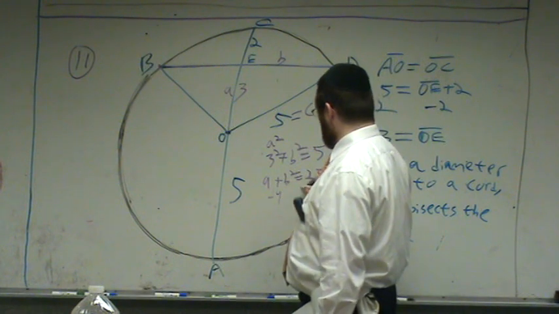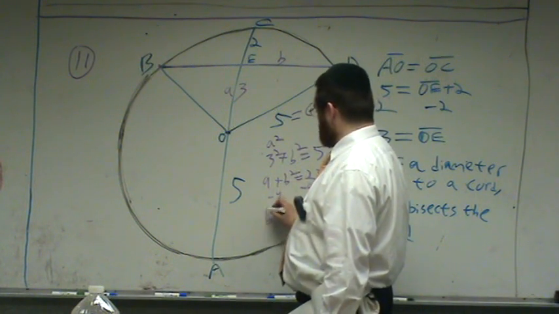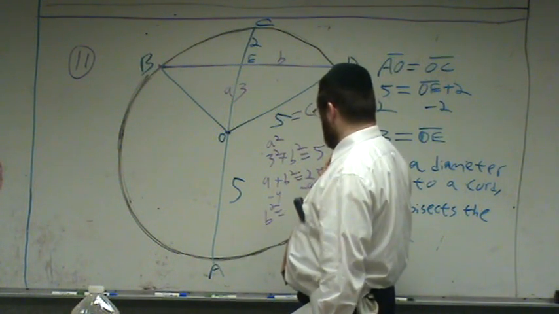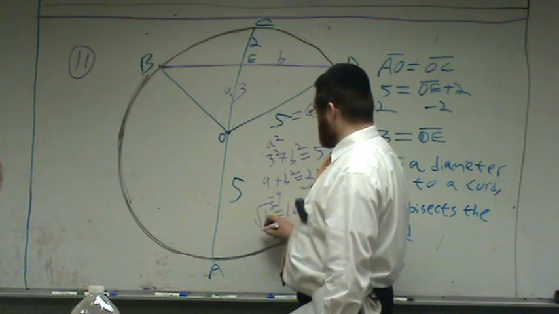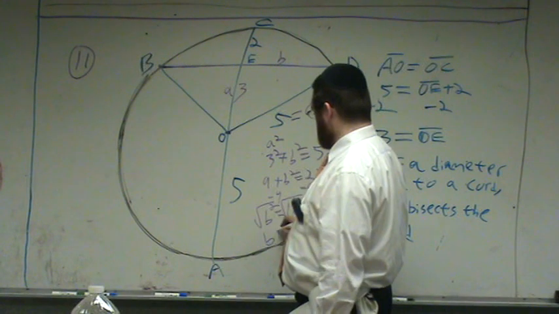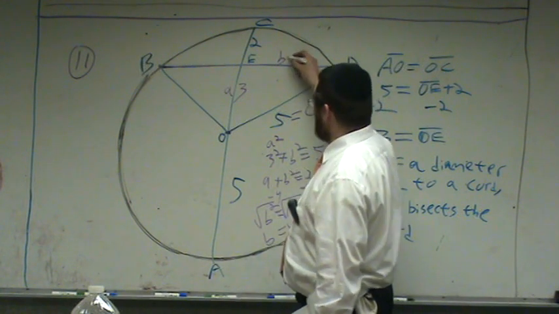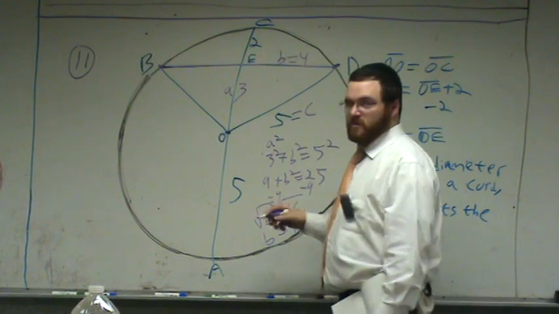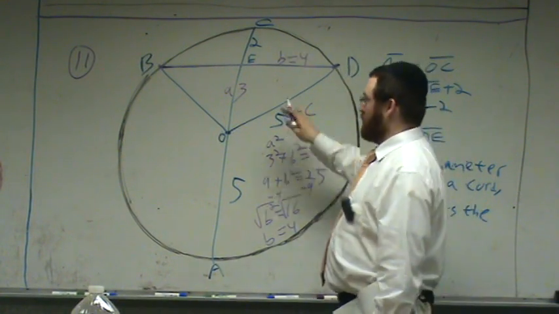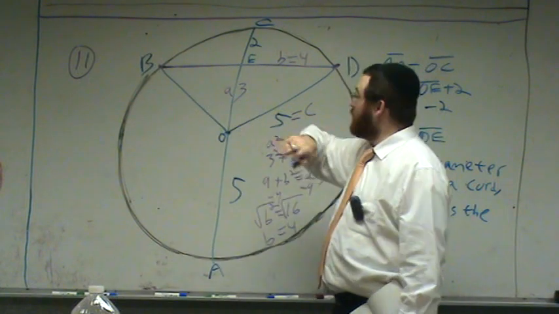Subtract 9 from both sides. B squared is equal to 25 minus 9, which is 16. So the square root of B squared is B, and the square root of 16 is 4. So therefore B is equal to 4. I'm just using A, B, C for the Pythagorean theorem, no connection to the circle itself.